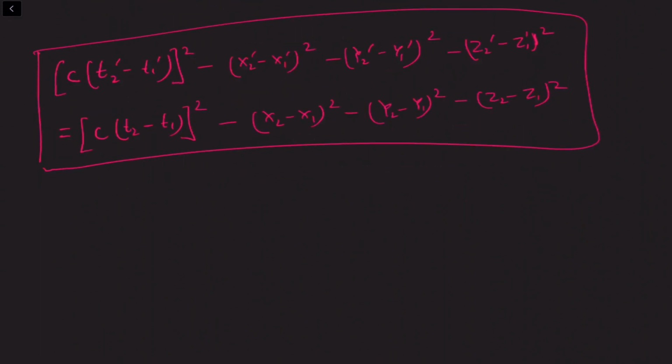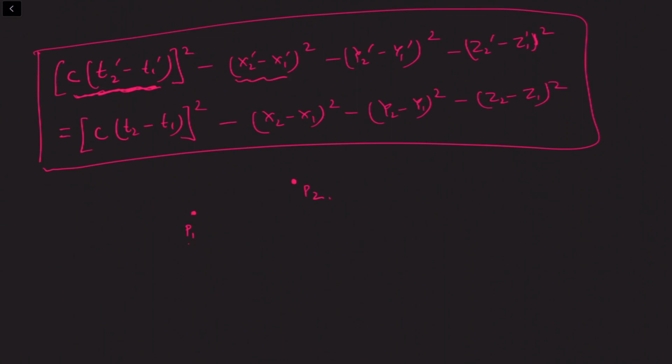So we see that we have, given two space-time points, a point P1 and a point P2. Any inertial observer can construct the quantity where they take the description of the time and space coordinates of P1, the time and space coordinates of the point P2, and they take the difference between the time coordinates, square them, and they take the difference between the spatial coordinates, square them, but they construct this slightly strange looking quantity, which is the time difference square times c square minus the spatial difference square in all directions.